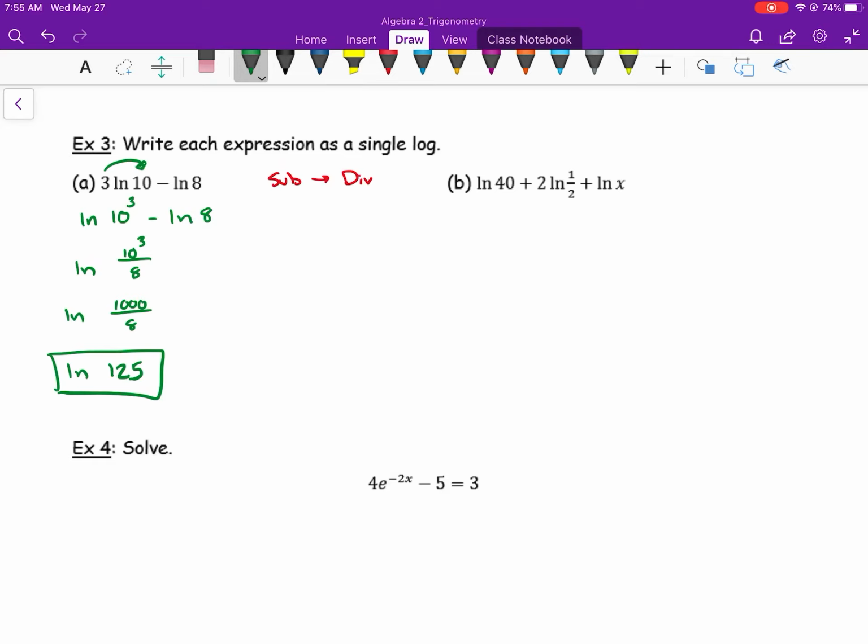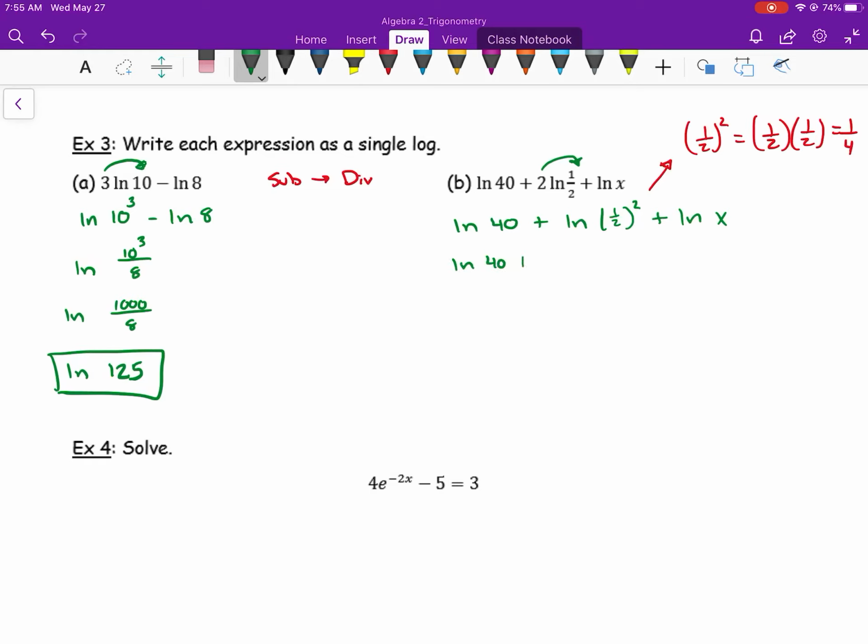So for B, I'm going to use my power property. The number in front becomes the exponent. So the natural log of 40 plus the natural log of 1/2 squared plus the natural log of x. So 1/2 squared is 1/2 times 1/2, which equals 1/4.